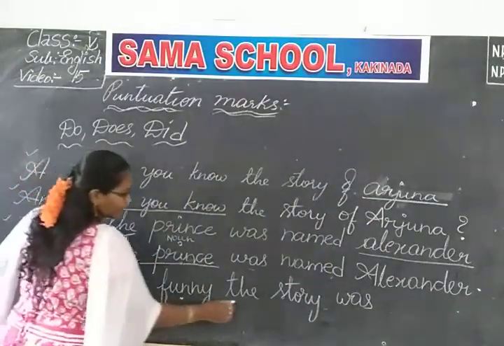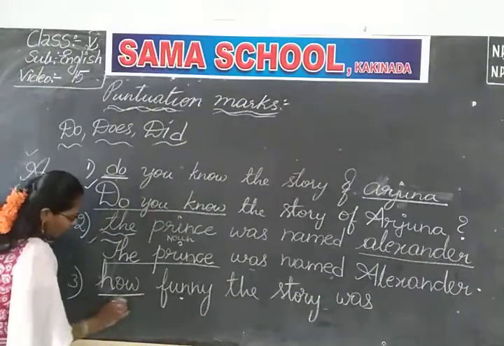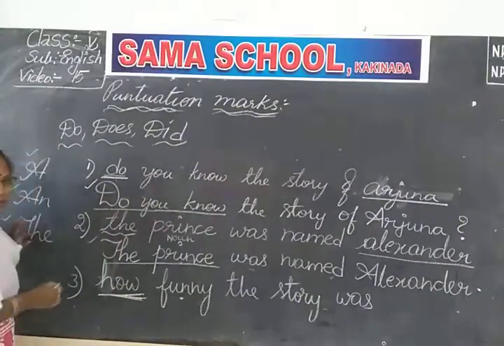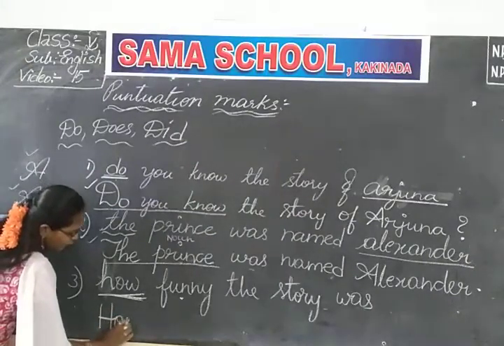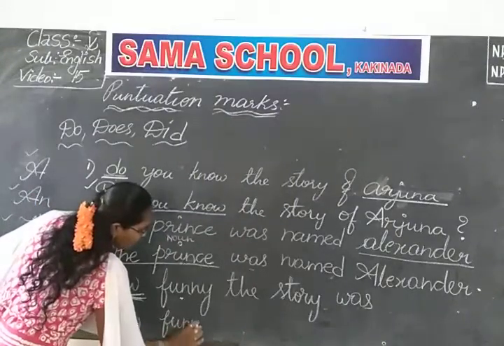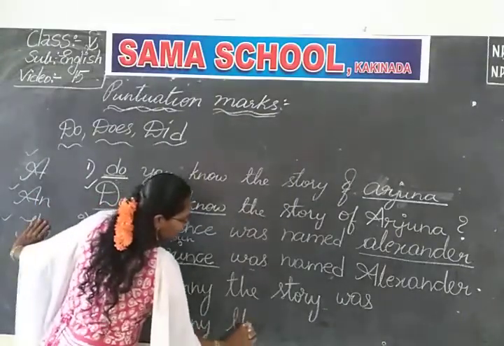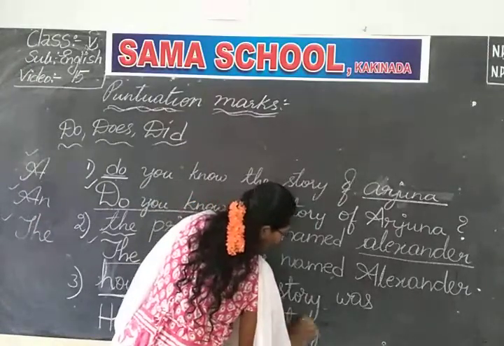How funny the story was. So here we started the sentence with how. Okay children. So start the sentence obviously with a capital letter, H-O-W. How funny the story was.